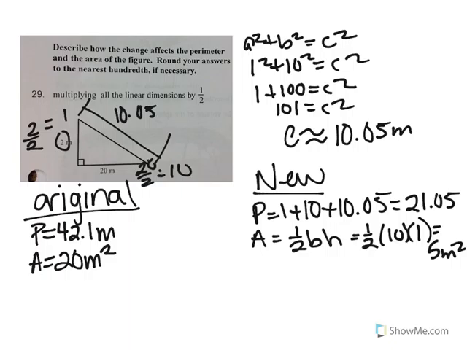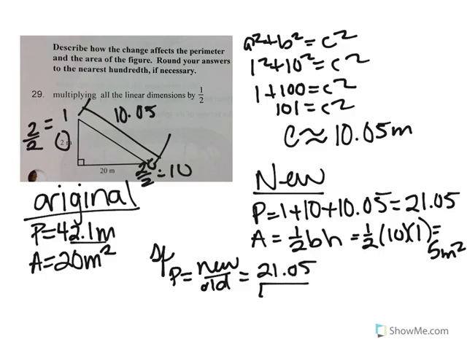Now, for the perimeter, I'm going to take the 2 and subtract them. Actually, no, in this case, I can take new divided by old. So my scale factor for perimeter, new divided by old, so 21.05 divided by 42.1 is equal to 1/2.